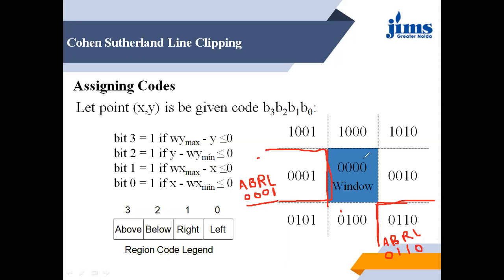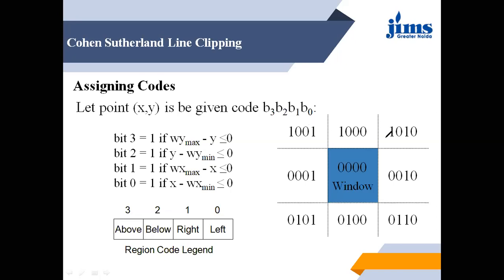And in the Cohen-Sutherland line clipping algorithm, we have to divide the plane into 9 different regions, where in the center there is a window or a plane where we have to draw the object or image.